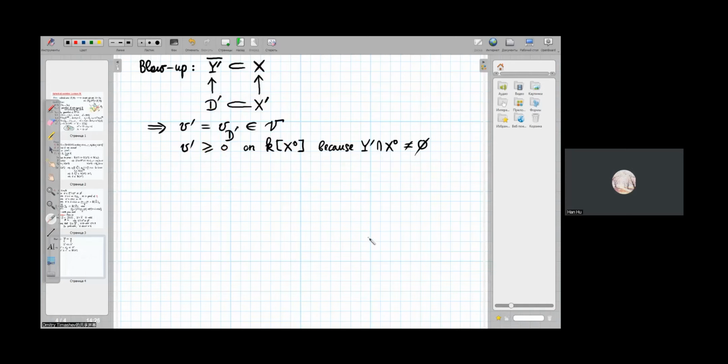And this implies in particular that the pairing of this vector V prime from the valuation cone with any of the lambda j's is non-negative, because the functions f lambda j belong to this coordinate algebra.